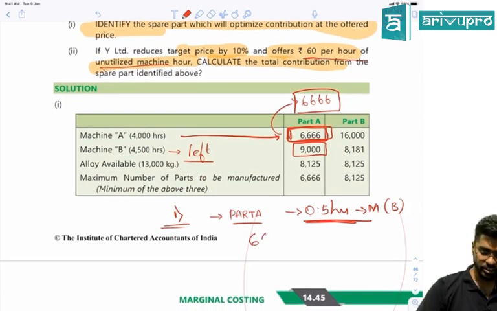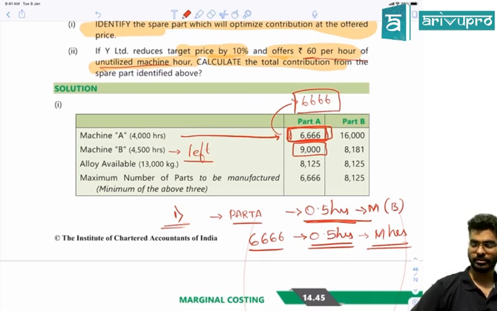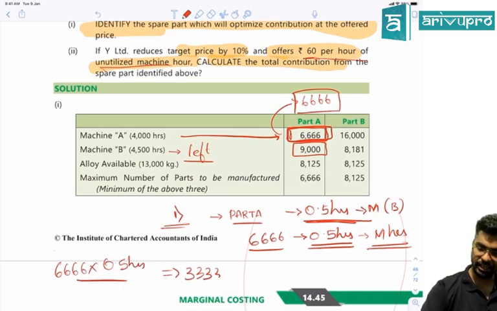And if each unit takes 0.5 hours, how many machine hours will be used? Is the question. I am producing 6666 units and each unit takes 0.5 hours. So I'll be taking 3333 hours.